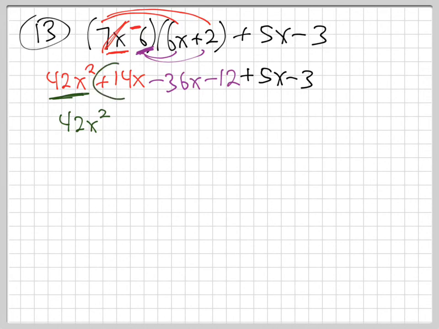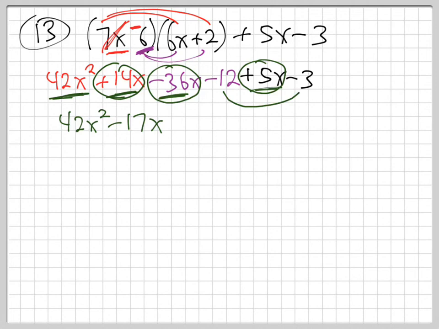So that would be this guy, and this guy. And you could just add and subtract the numbers on your calculator if you want. Plus 14 minus 36, like that's minus 22. Plus 5 is like minus 17, I think. Yep. Minus 17x. And then the 3 is by itself. Minus 12 and minus 3. Negative 15. If you lose $12 and lose $3, you lost $15.